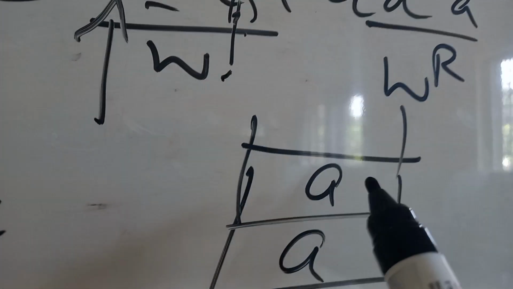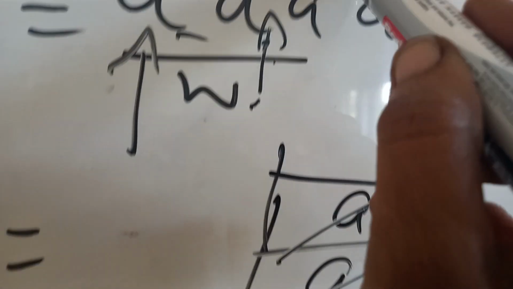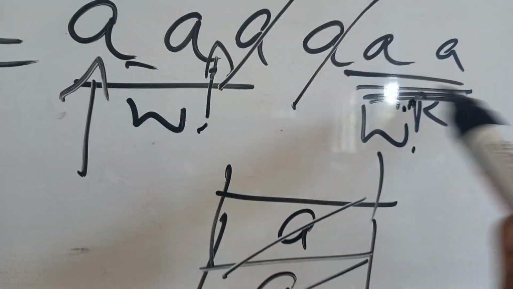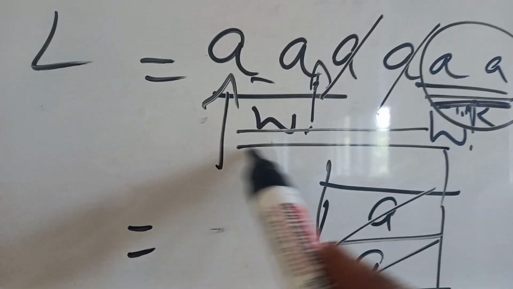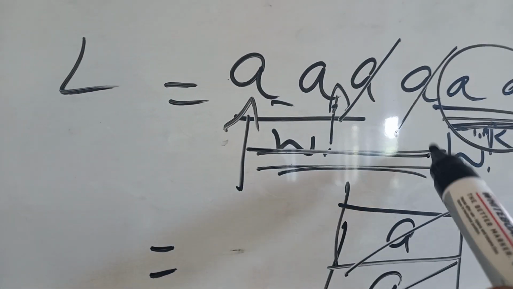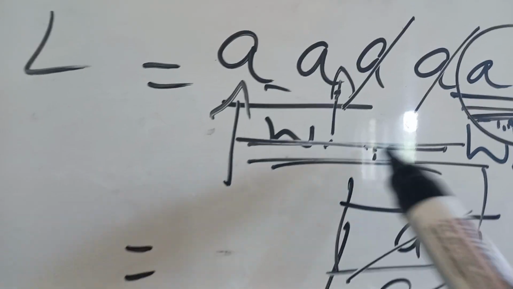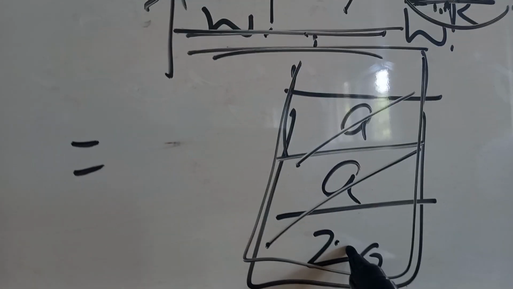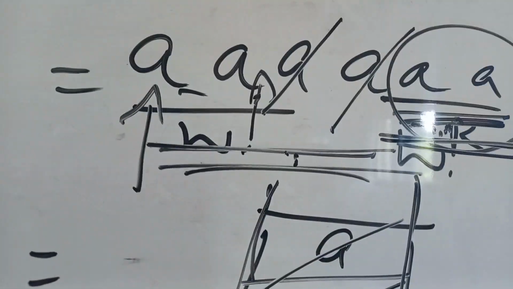After the center point, I should pop. But I have got the 2 a's, and according to the given string I have left out 2 more a's. So for this case of the string, by following this procedure, it's not possible to get the entire string.